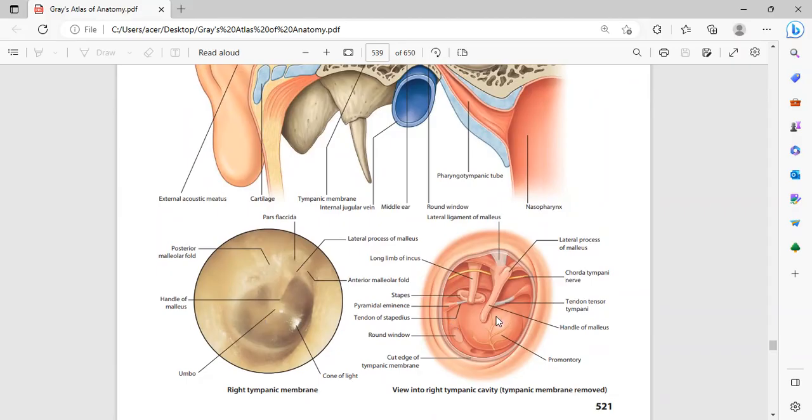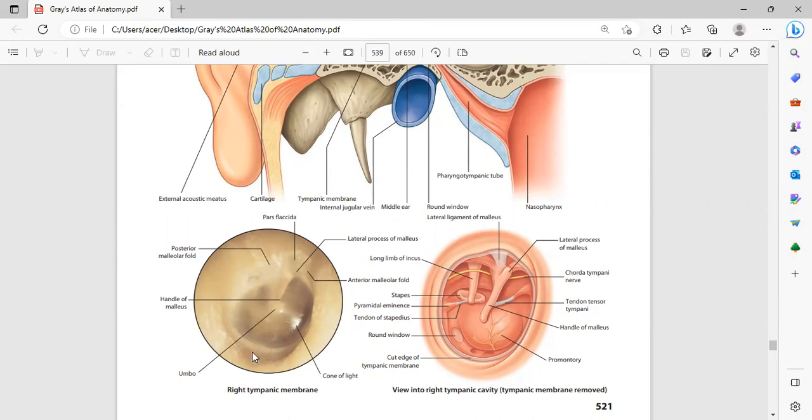So this tendon will hold the pars tensa tense. Okay, so that is the tympanic membrane.